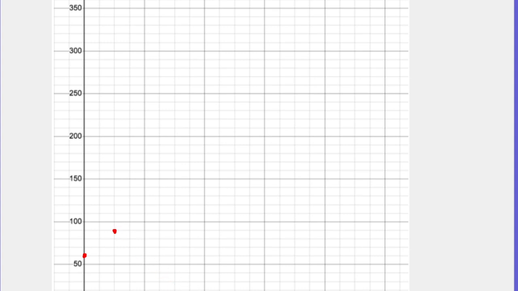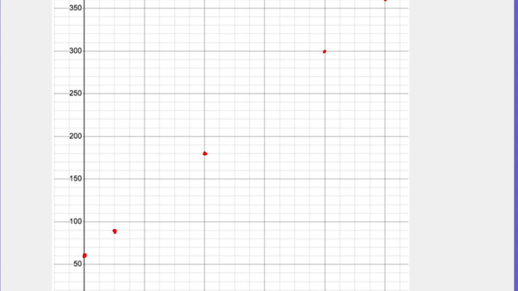I got 4, 180. So I got to be clever here. These go by tens. 50, 60, 70, 80. Might be a little hard to see, but be clever. You can do it. 8, 300. And 10, 360, and that 20 is not going to fit on the graph, but it is there.